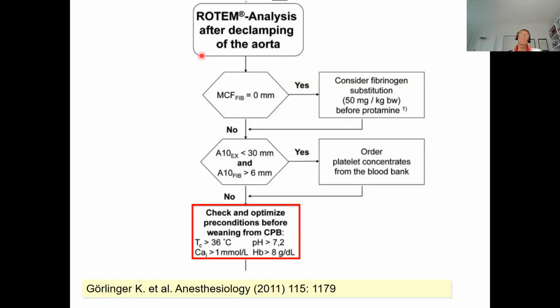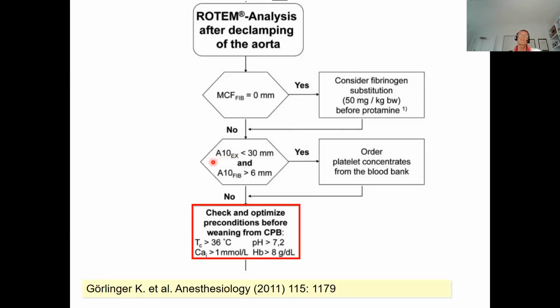So after the declamping of the aorta, they do a ROTEM, and if the MCF is 0 in the FIBTEM, then of course this is a problem of fibrinogen. So then they gave 50 milligrams per kilo fibrinogen concentrate.